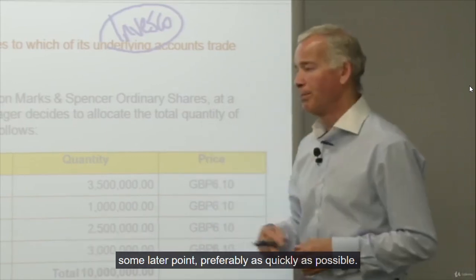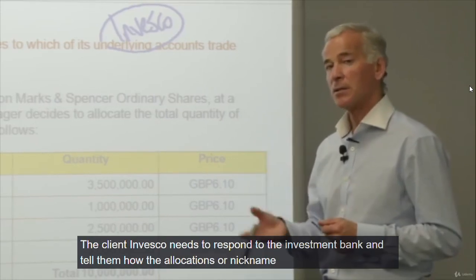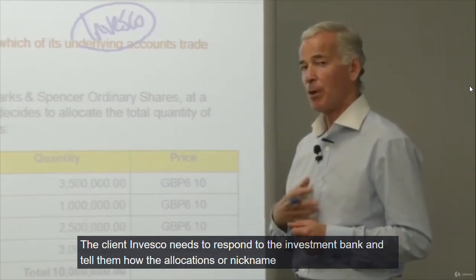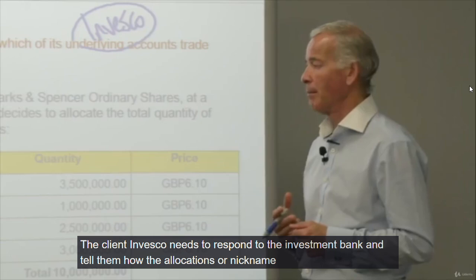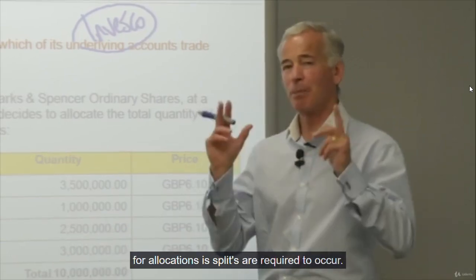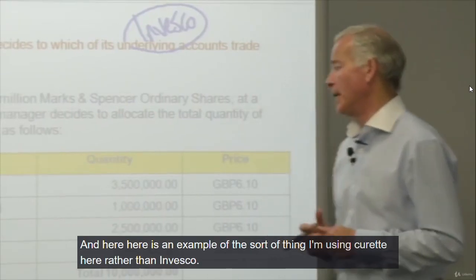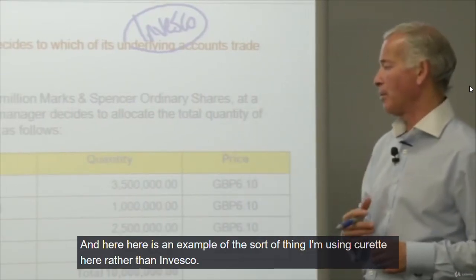At some later point, preferably as quickly as possible, the client, Invesco, needs to respond to the investment bank and tell them how the allocations, or a nickname for allocations is splits, are required to occur. And here is an example of the sort of thing.